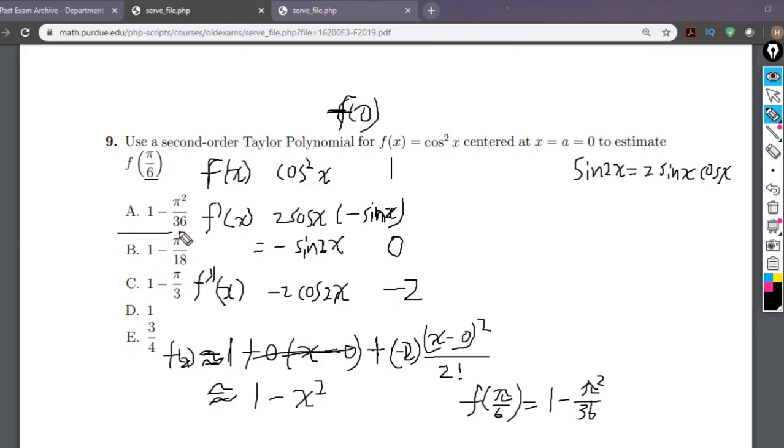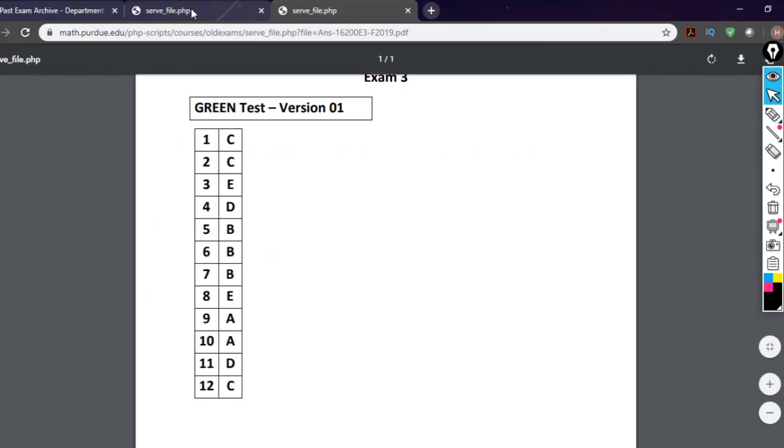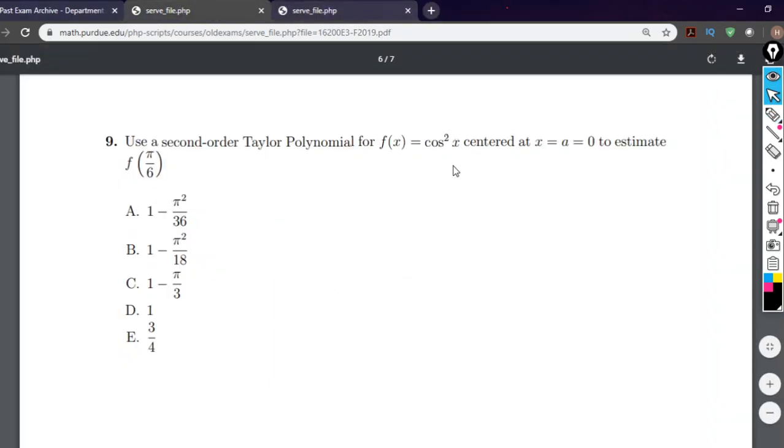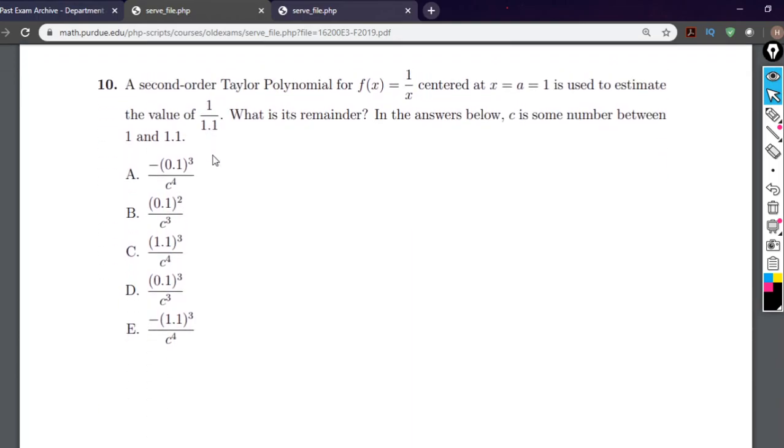And then we can see that it's A here. And yes, 9 is A. So we will move on to 10 here.